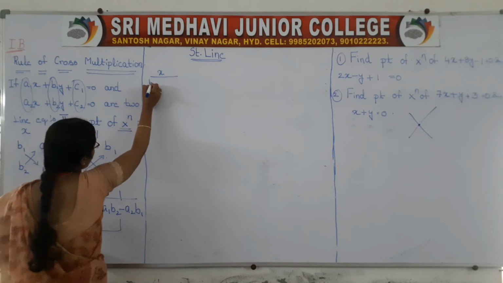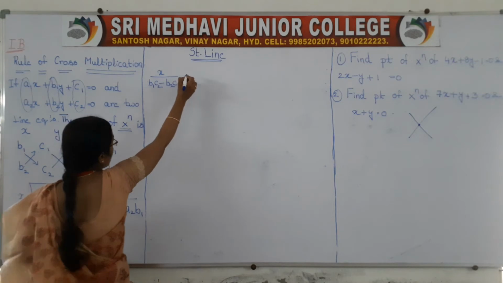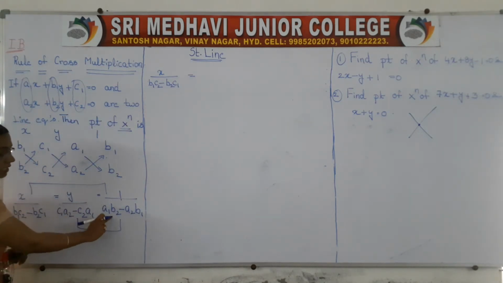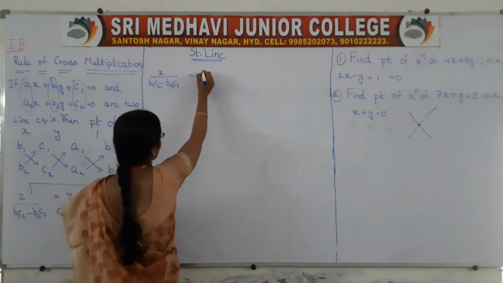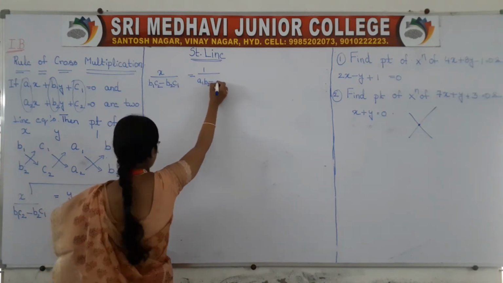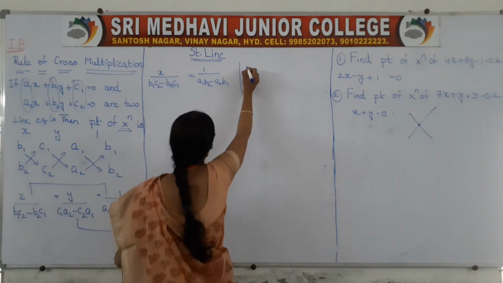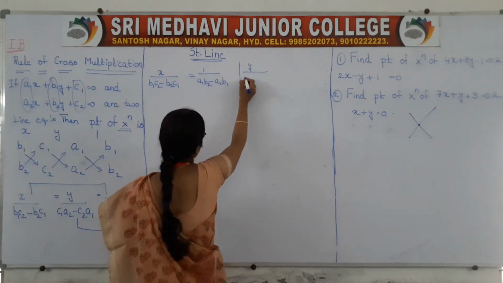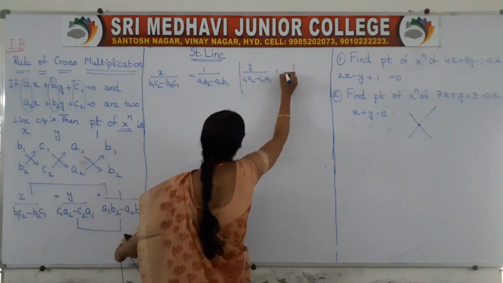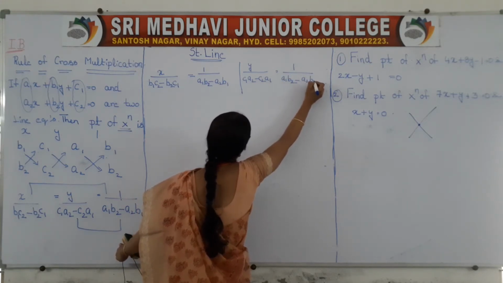x by b1 c2 minus b2 c1 is equal to 1 by a1 b2 minus a2 b1, where I said once you take this and this. Once you take this and this, y by c1 a2 minus c2 a1 is equal to 1 by a1 b2 minus a2 b1.